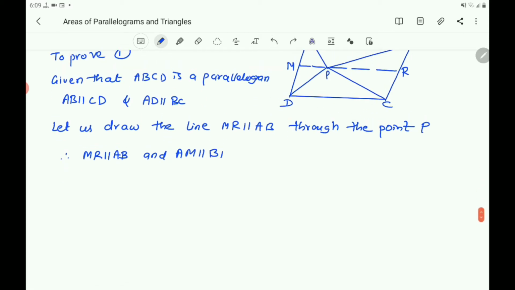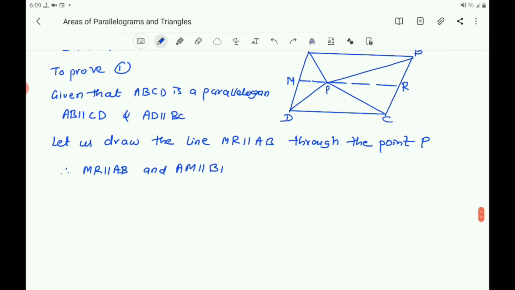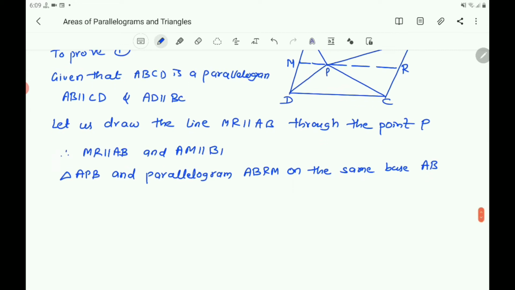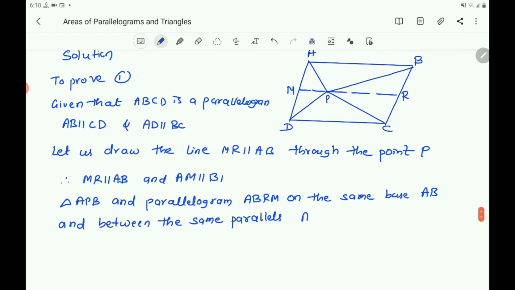So let us write here: triangle APB and parallelogram ABRM on the same base AB and between the same parallels AB parallel to MR.